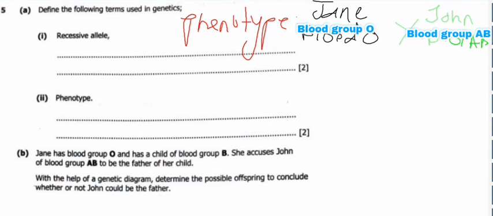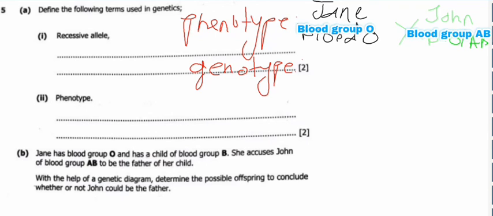The next stage is the genotype, which is the genetic composition of a living organism. The genotypes are represented by alleles.